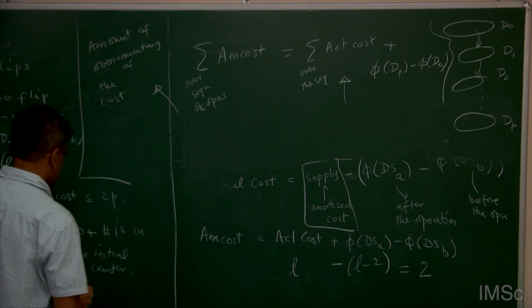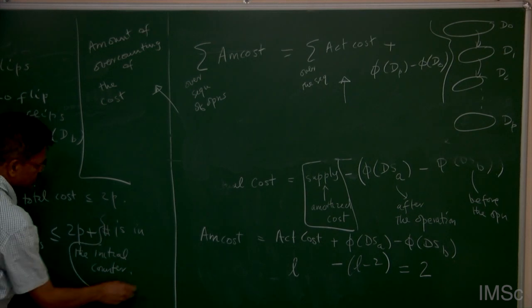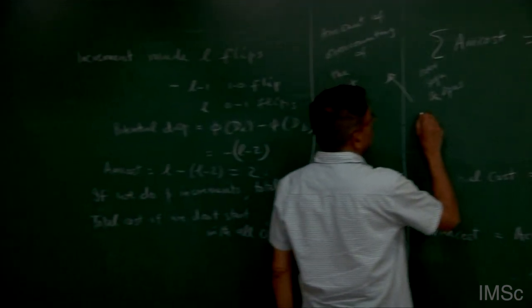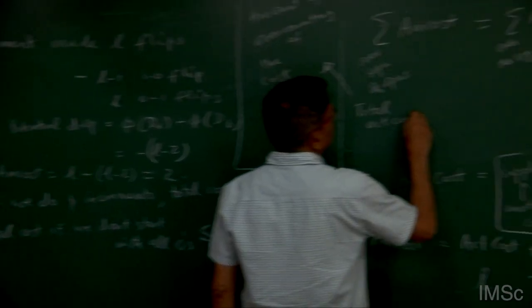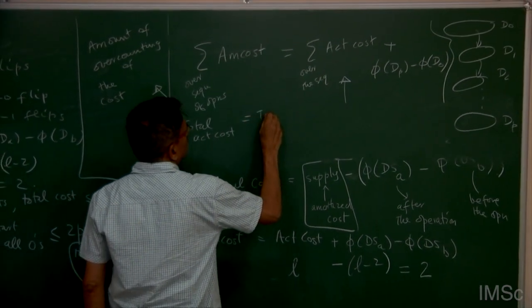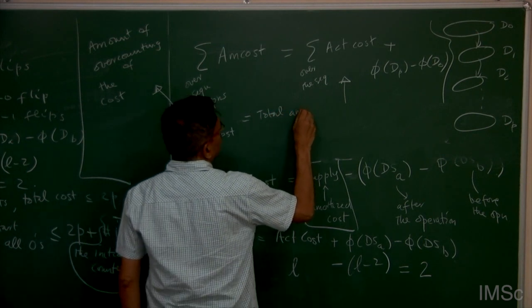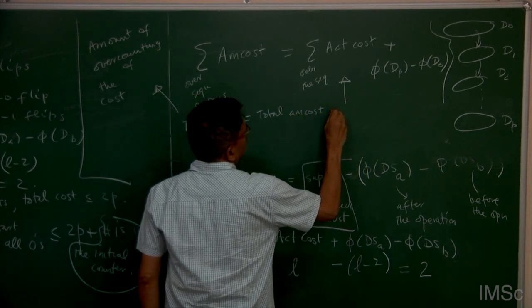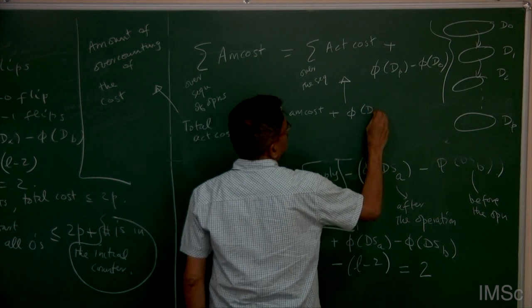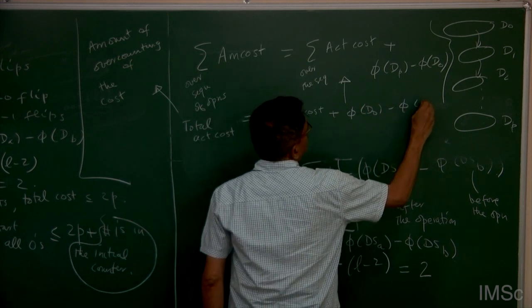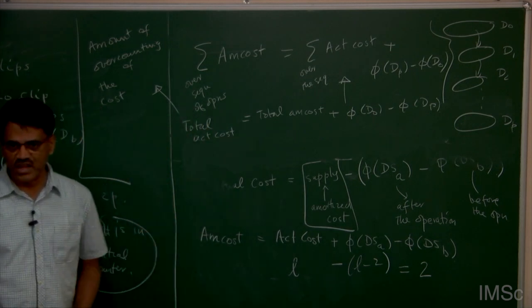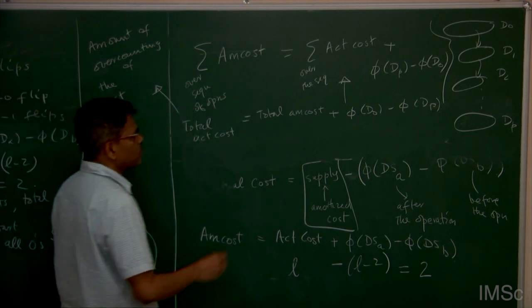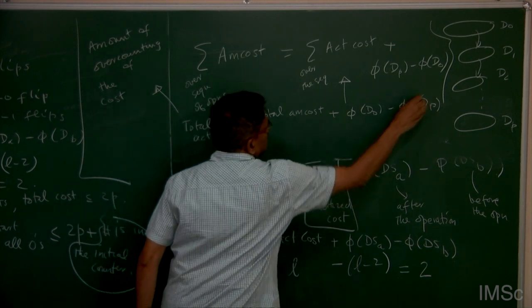So total actual cost is equal to total amortized cost less phi of DP minus phi of D0. And we always choose the potential so that it is greater than or equal to 0 all the time, so I'm going to ignore this.